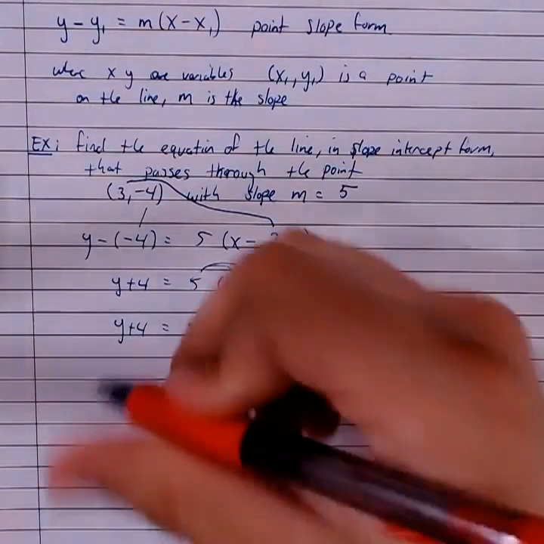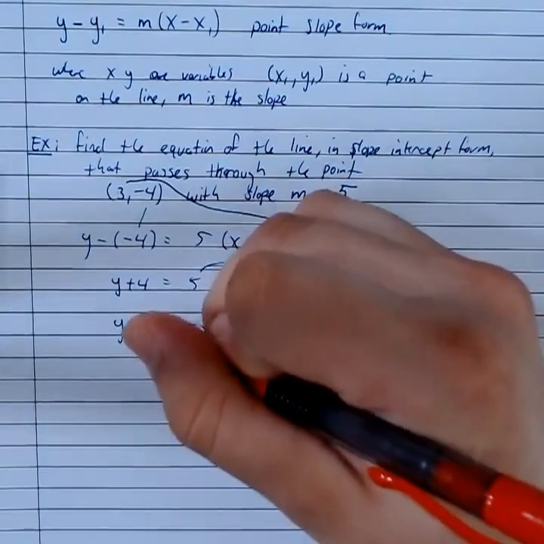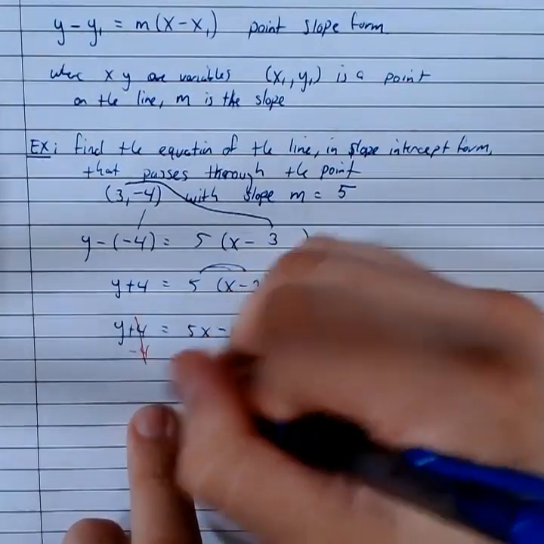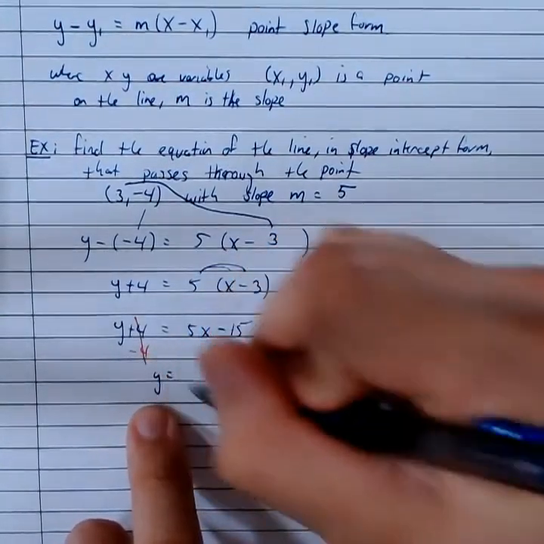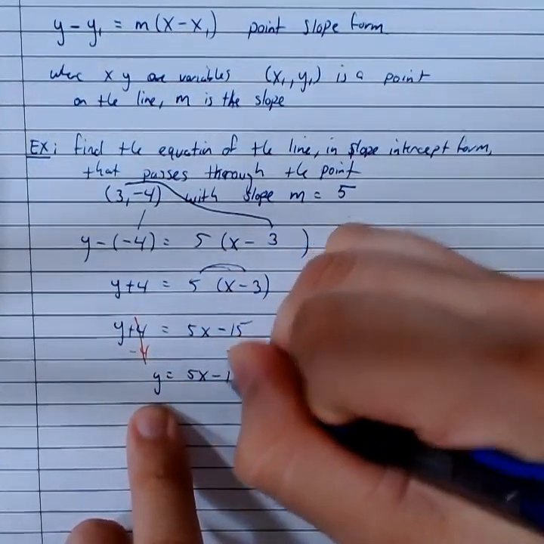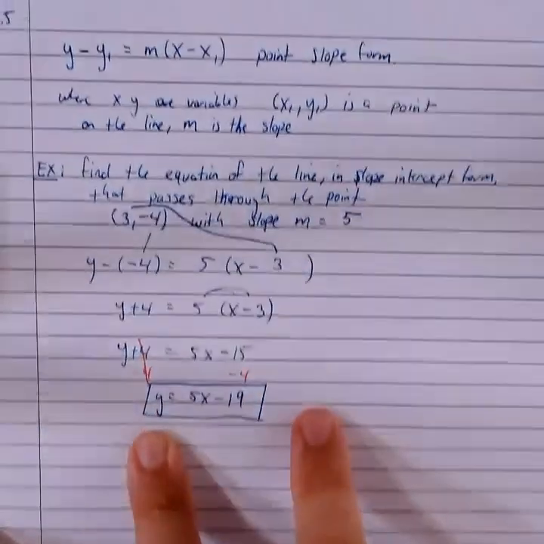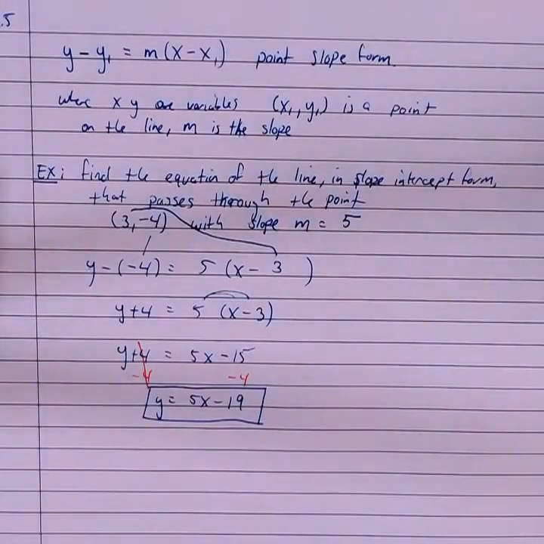And then I can subtract my 4 and get my result. So here, my equation in slope-intercept form is given by y equals 5x minus 19. And that is the equation of the line that passes through this point through that slope.